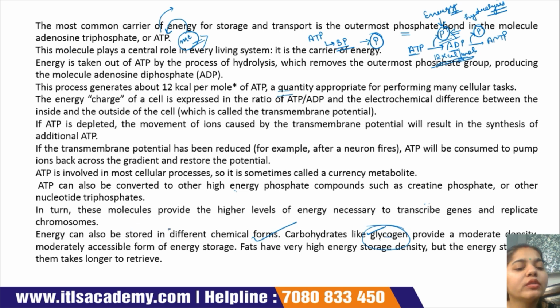We also store the energy in different chemical forms such as glycogen and fat. Glycogen is an example of carbohydrate. From glycogen we obtain a moderate amount of energy, and from fat we obtain a high energy molecule.